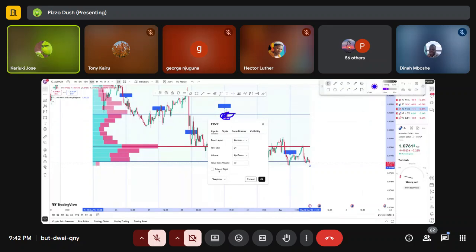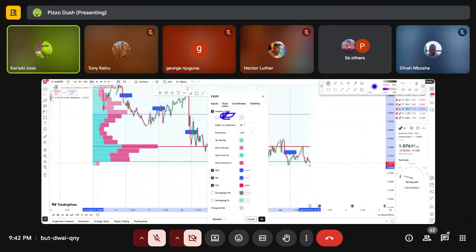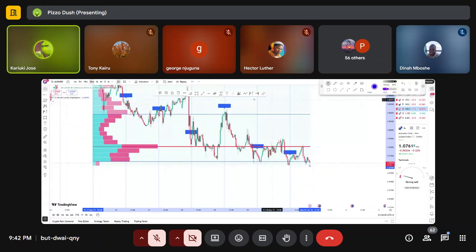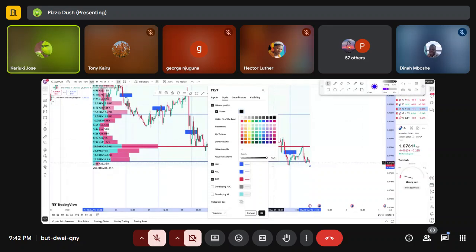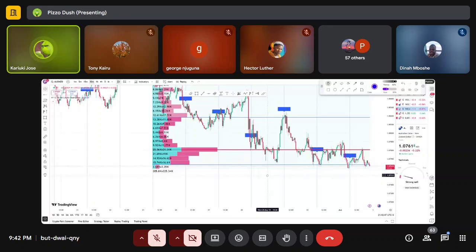Now once more, go to the settings of this indicator, then for style we allow values. You click on the values, and it will show you the actual volume that is taking place at each and every level.